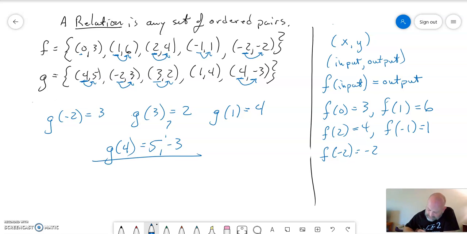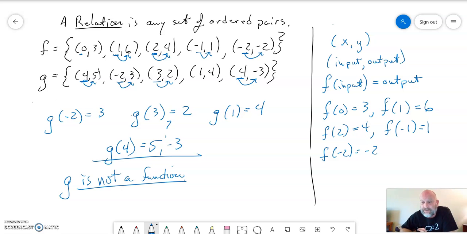As soon as you have two different outputs for the same input, that means G is not a function. So we know right away G is not a function, and it's because 4 maps to two different things. 4 goes to 5, but 4 also goes to -3. Mathematicians hate confusion, so if it's causing confusion on the output, then we can't call it a function. And that's how you tell if something is a function.